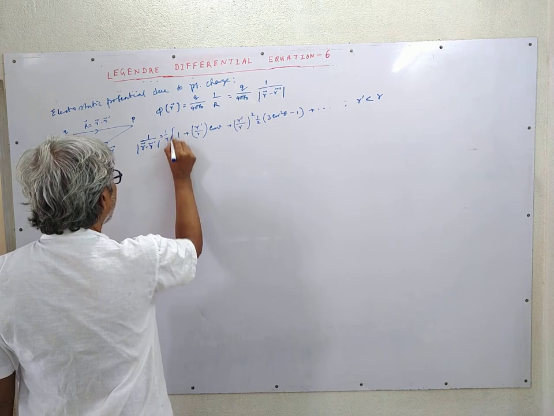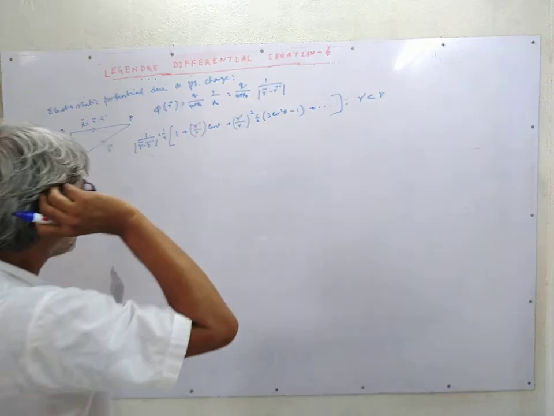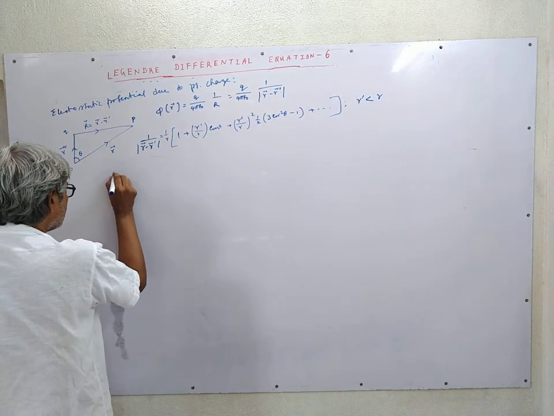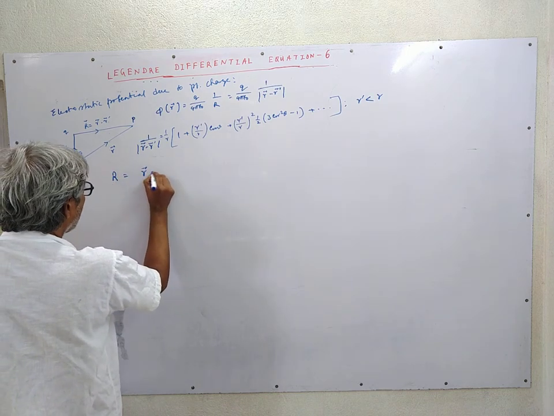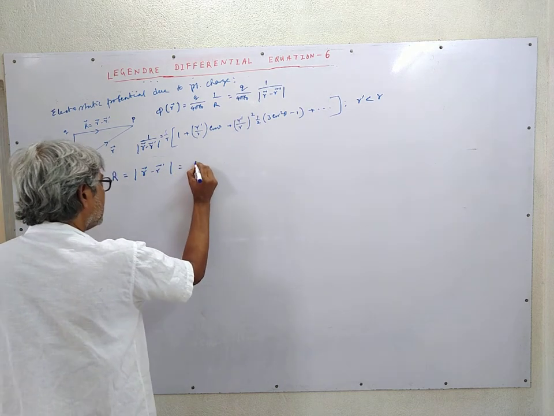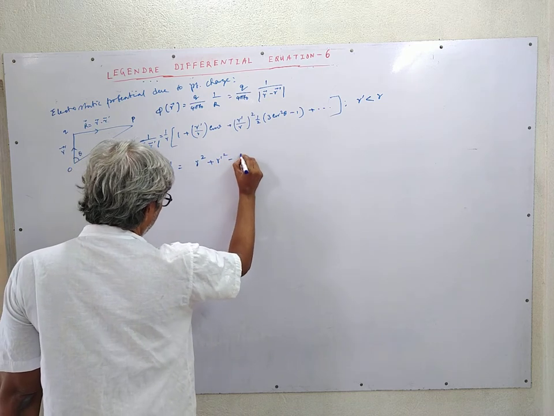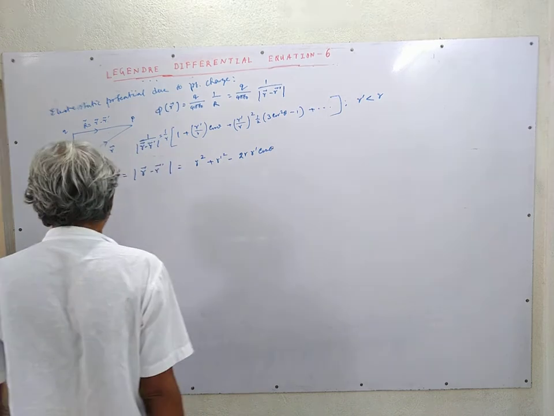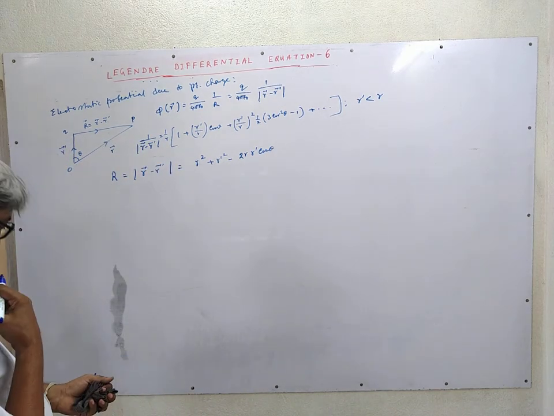Now we consider the magnitude of capital R, equal to modulus of r minus r prime, which is equal to the square root of r square plus r prime square minus twice r r prime cos of theta, where theta is the angle between r and r prime as shown in this figure.